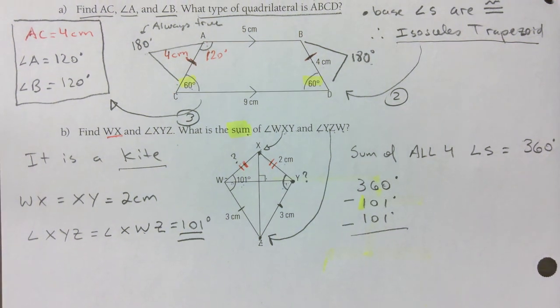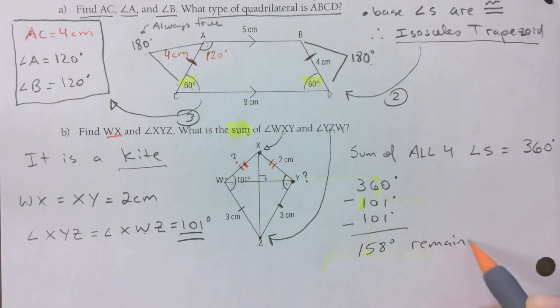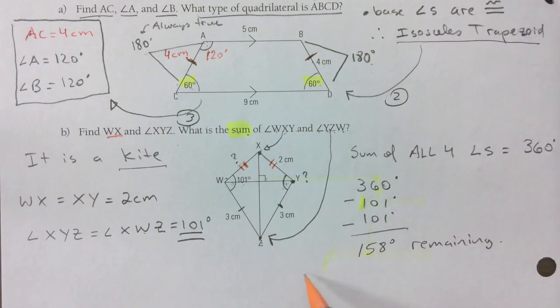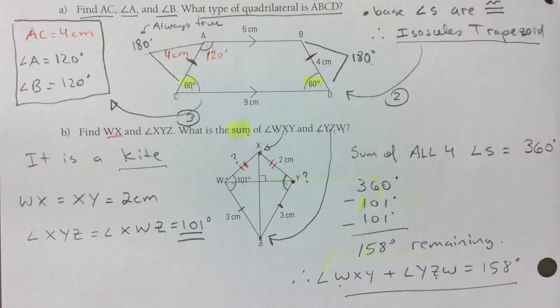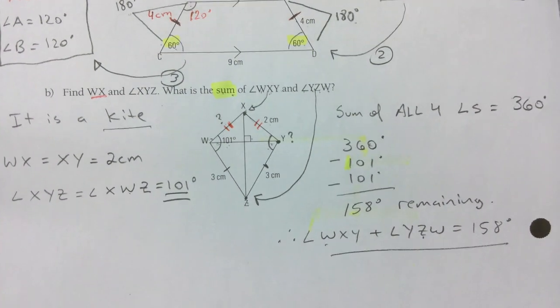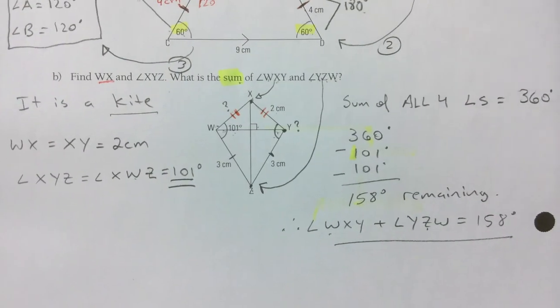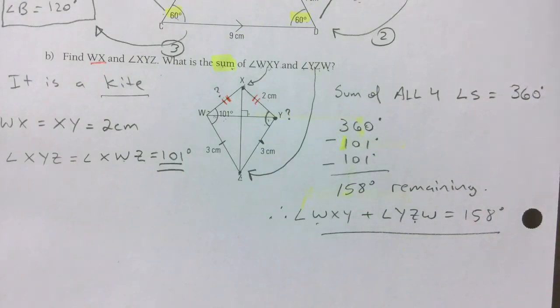So 360 minus 100 would be 260, 160, take away 2, that's 158 remaining. Therefore, angle WXY plus angle YZW, right, that sum must be 158. It's just a weird question, but if that makes your head spin a little bit, just for now, don't worry about it.